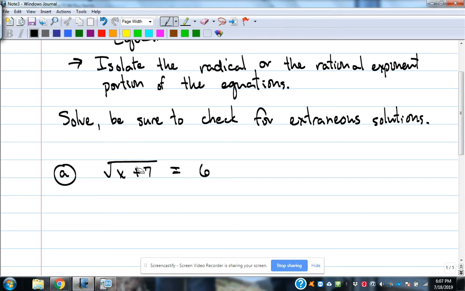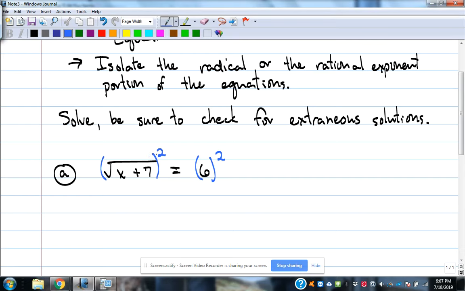So we have the square root of something plus 7 is equal to 6, and we need to figure out what that something is. So what we want to do here is get rid of the square root. So the opposite of taking a square root would be doing what to both sides? Squaring it. Yeah, absolutely. If it was a cube root, the opposite of the cube root would be cubing it. That idea. So we're going to square both sides.